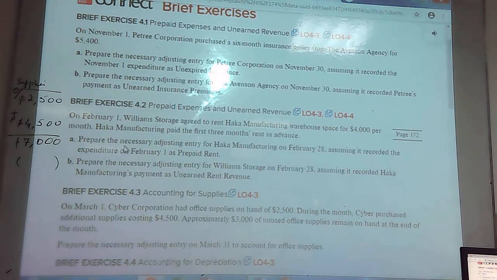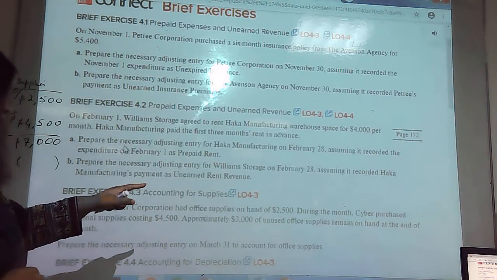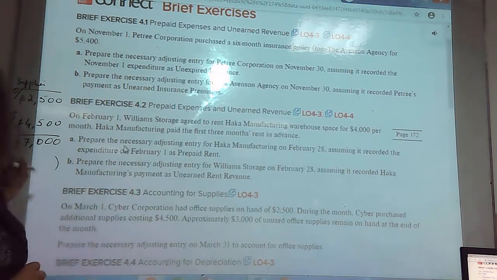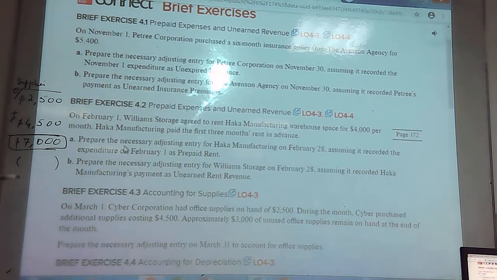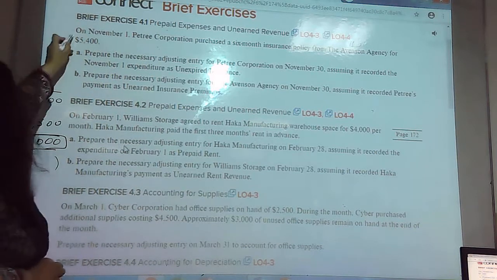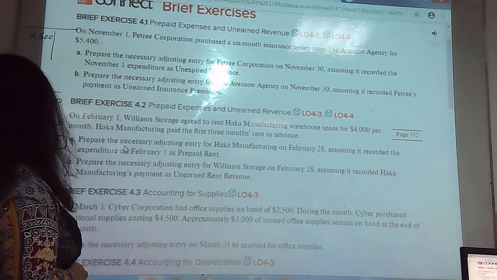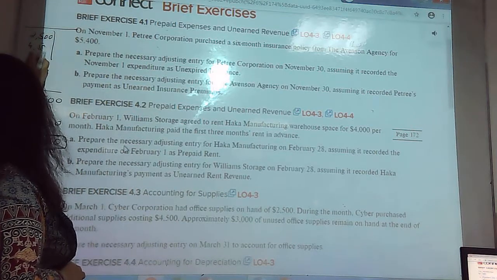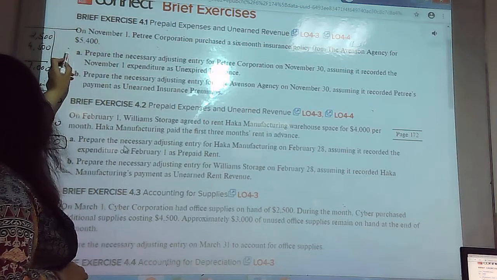So initially, how much was the total supplies? This was the total. When he purchased the supplies, it was supplies to cash. This was the opening balance. If you make a ledger, you will see that this was 2,500, and you had a further 4,500, and this was 7,000, and then the closing balance.